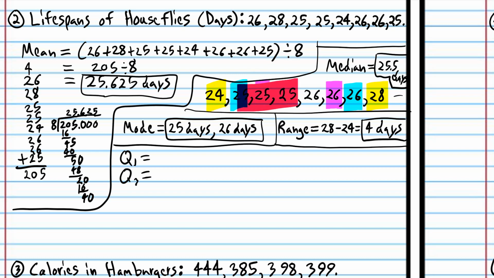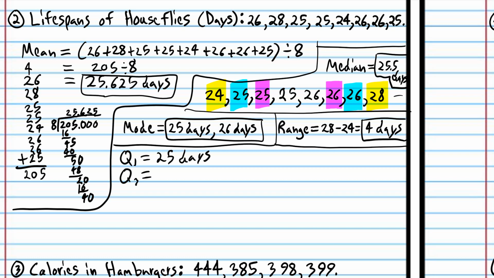Because there's 4 numbers in the first half, so there is no middle in 4 numbers. So what you have to do, again, you have to use the mean. You have to find the mean of these 2 numbers. If you add 25 up and divide by 2, because there's 2 numbers that you're trying to find the mean of, 25 plus 25 is 50, divided by 2 is 25, so it's just going to be 25 days.